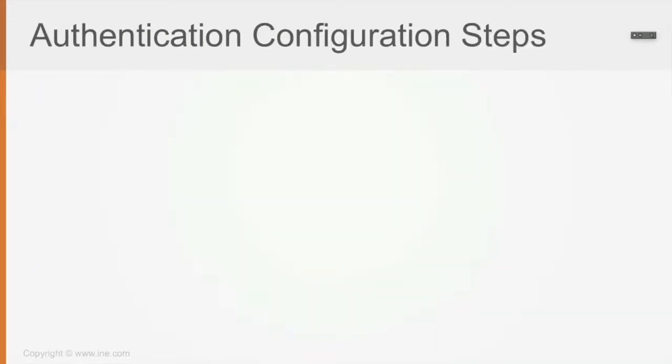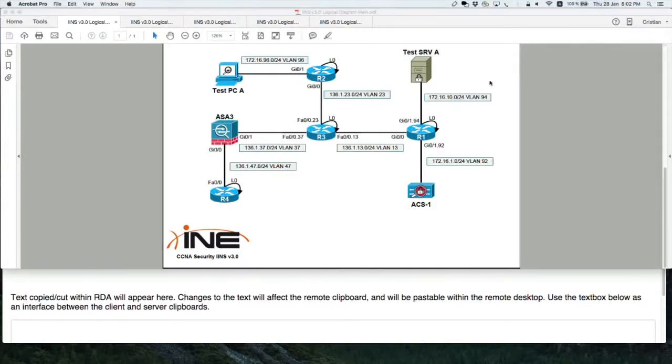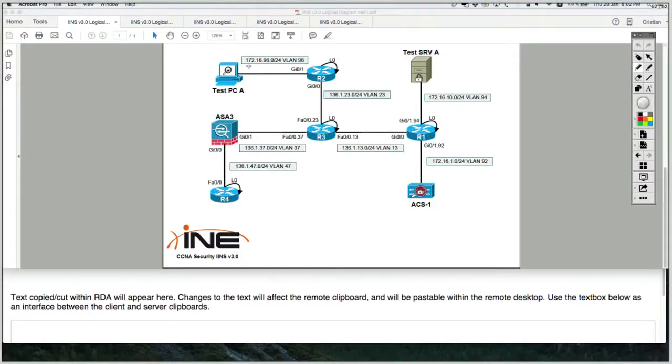Now, what we're going to be doing next is the following example. Look at the diagram. I'm going to be using, for example, test PC A as the supplicant or the end user, where this guy is going to connect to router 3 to manage it via whatever, Telnet or SSH, doesn't matter, let's say SSH.